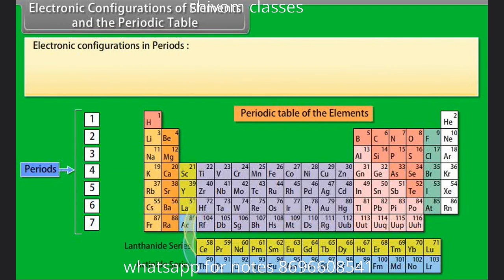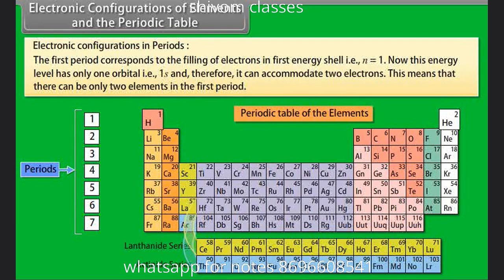Electronic configurations in periods. The first period corresponds to the filling of electrons in the first energy shell, that is, n equals 1. This energy level has only one orbital, 1s, and therefore it can accommodate 2 electrons. This means that there can be only 2 elements in the first period.